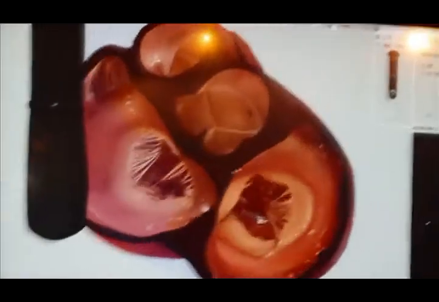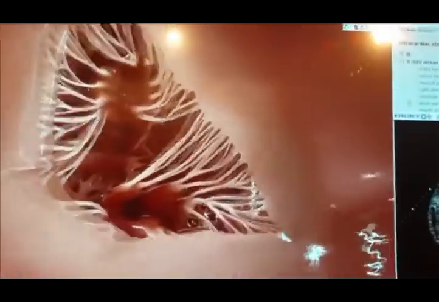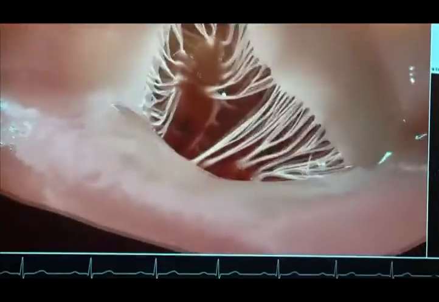It also shows how the valves behave when some valves are closed and the other ones open. They don't close at the same time because there can be chaos or disorganized flow of blood. So this 3D reconstruction shows a video of the valves that close during contraction and the valves that open during diastole.